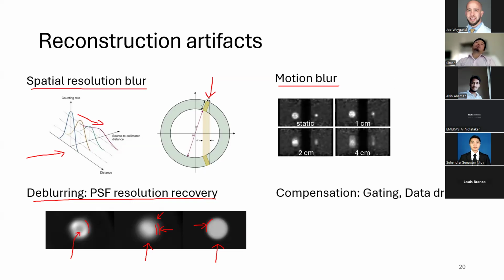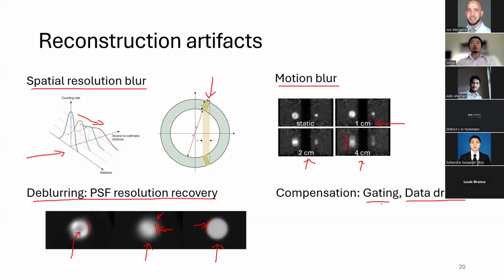Here we're looking at motion blur. These are spheres in a phantom, static case, and sinusoidal motion with 1 centimeter, 2 centimeter, and 4 centimeter. You can see how it degrades the images here. To correct for motion, you can do gating or you can do data-driven.